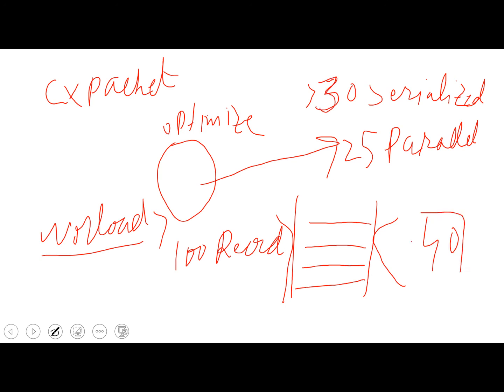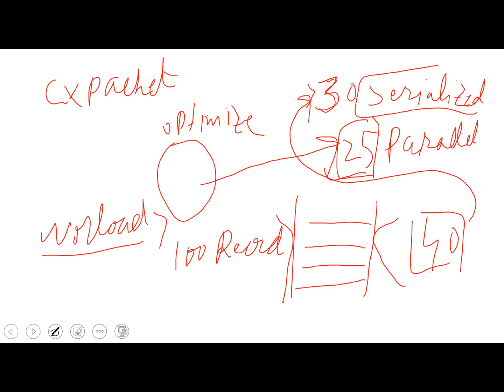It will consider that 40 is greater than 30, but when it is optimized, it finds that 25 is the parallel processing cost. This 25 is taken from the SQL Server configuration, and when the serialized cost is calculated, it's 30, which is greater than 25. So the parallel plan is chosen. But actually when the query is executed using the parallel plan, it takes more time than the serialized one.